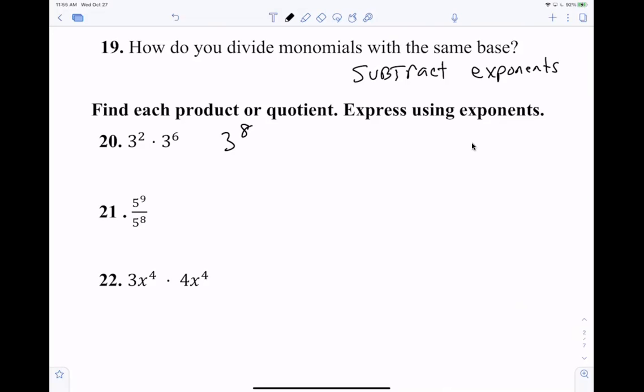When we divide, what do we do to exponents? Subtract. 5 to the 1st. And I like writing 5 to the 1st because that helps me realize I just subtracted. If you put 5 down, I'm good with that. I'm good with it being 5.